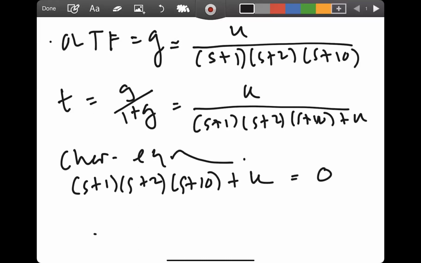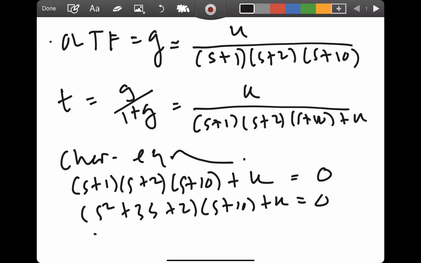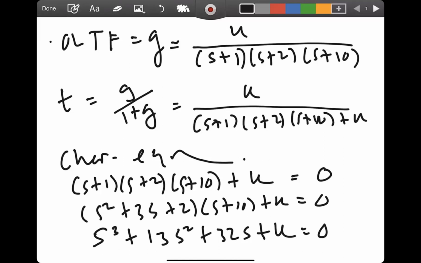If you multiply, what will you get? (s squared plus 3s plus 2)(s plus 10) plus K equals 0. So it is s cubed plus 13s squared plus 32s plus K equals 0, right?